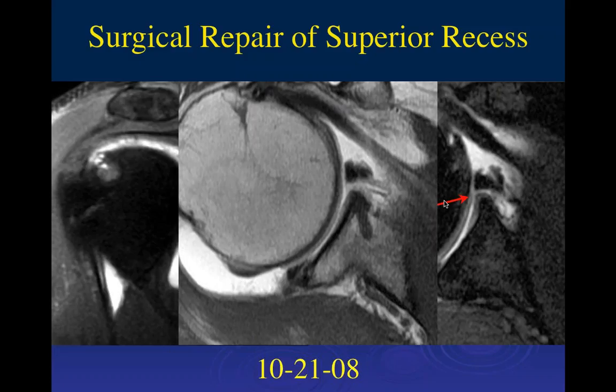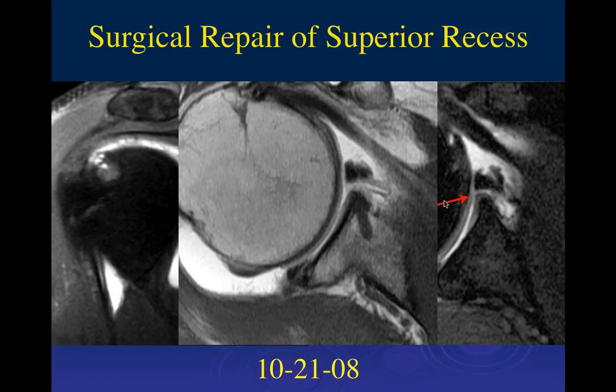John, do you want to comment? It's not recommended to do surgery in this age group for labral tears in this area of the biceps anchor. Maybe some debridement would be the trick.